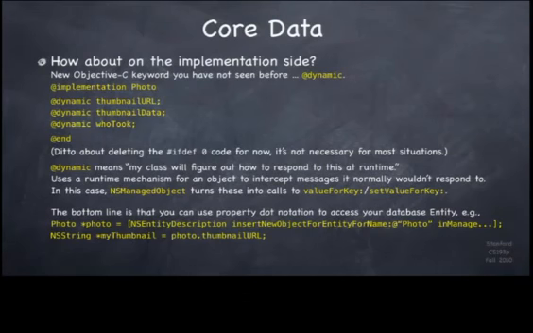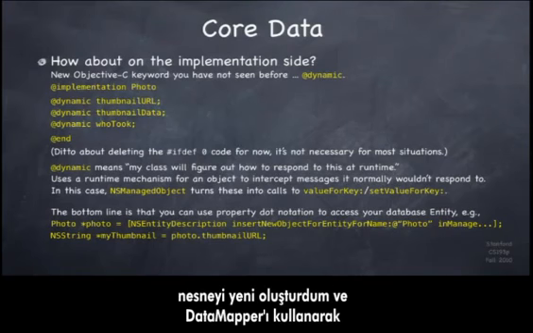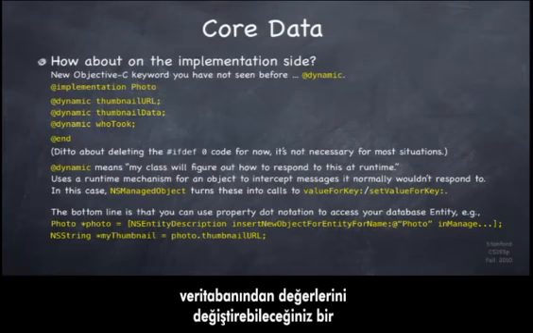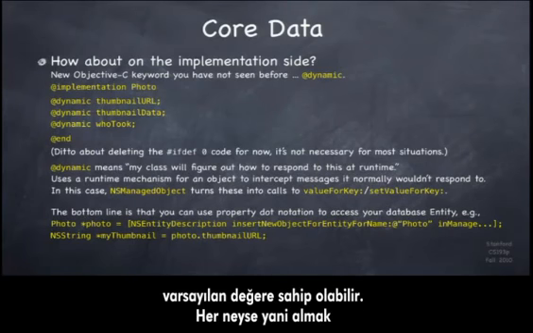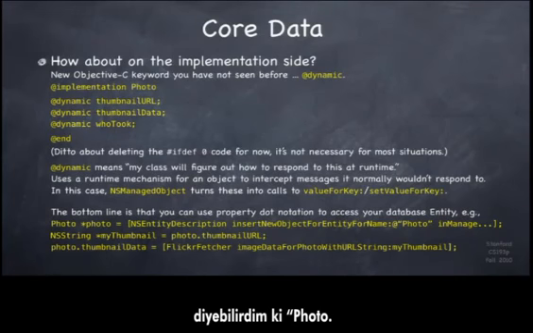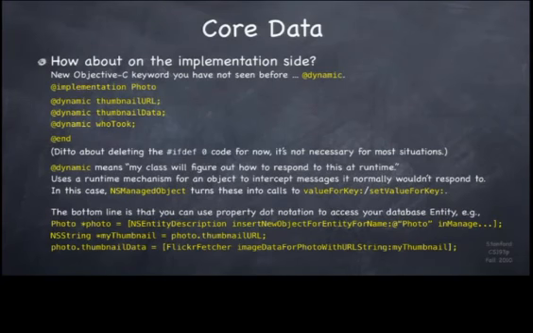Actually, that'd probably come back nil because I just created this photo, but it might have a default value, which you can set in the database using the data mapper. But anyway, so I just say photo.thumbnailURL to get, or I could say photo.thumbnailData equals, and maybe I call that FlickrFetcher imageDataForPhotoWithURLString, you see? So I can set and get my properties that way.